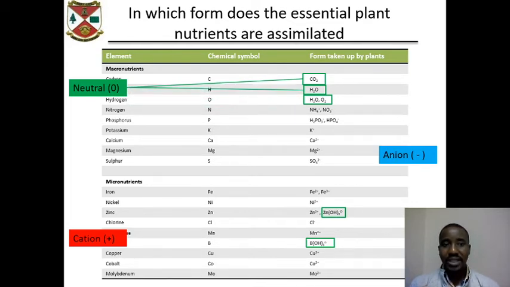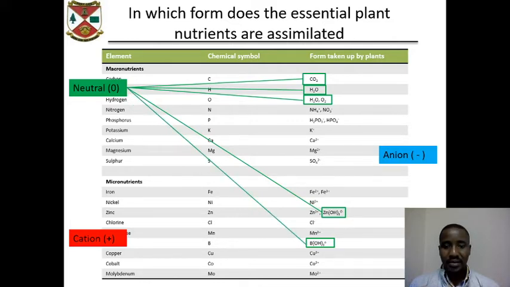And oxygen is taken up by plants as water, which is neutral. And hydrogen is taken up by plants as both water and oxygen, which are both neutral. Zinc is taken up by plants as zinc dioxide, which is neutral. And of course, boron is taken up by plants as boric acid, which is also neutral.